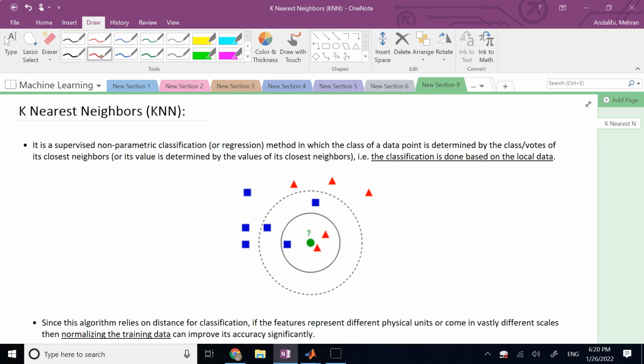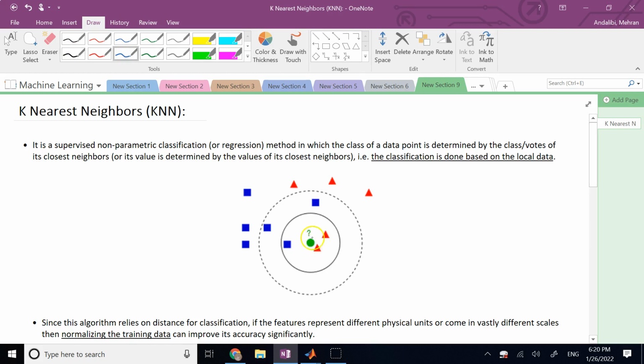But first, let me show you a very, very simple example. Let's say I have two classes of data, the blue squares and the red triangles. Then I have some new data, the green circle.